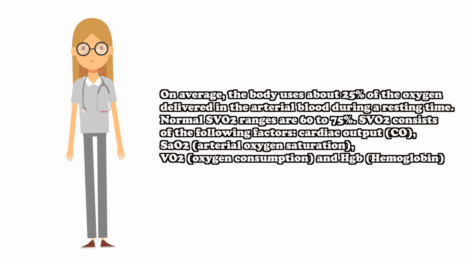On average, the body uses about 25% of the oxygen delivered in the arterial blood during resting time. Normal SVO2 ranges are 60 to 75%. SVO2 consists of the following factors: cardiac output, arterial oxygen saturation, oxygen consumption, and hemoglobin.